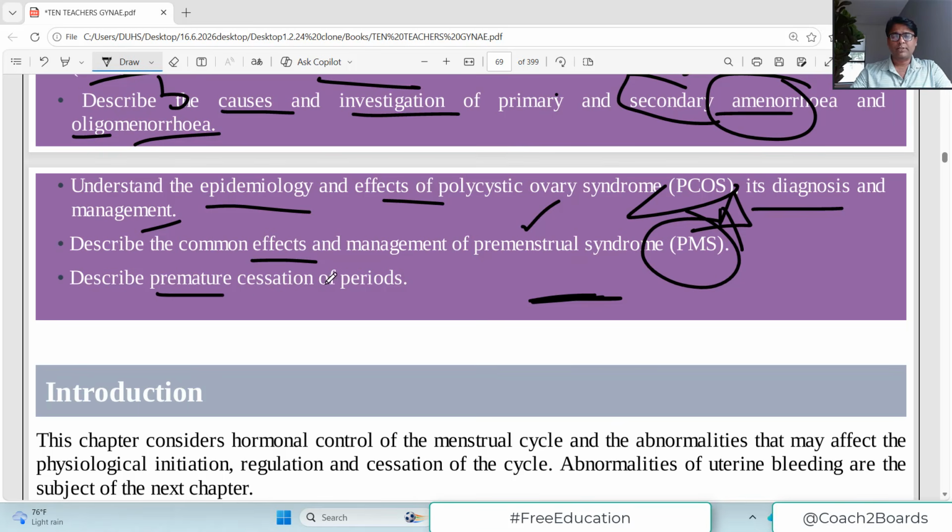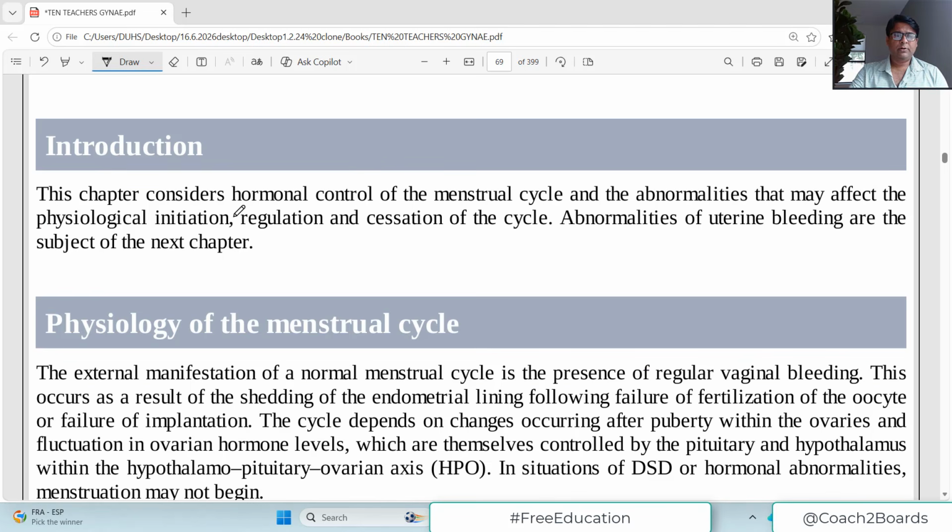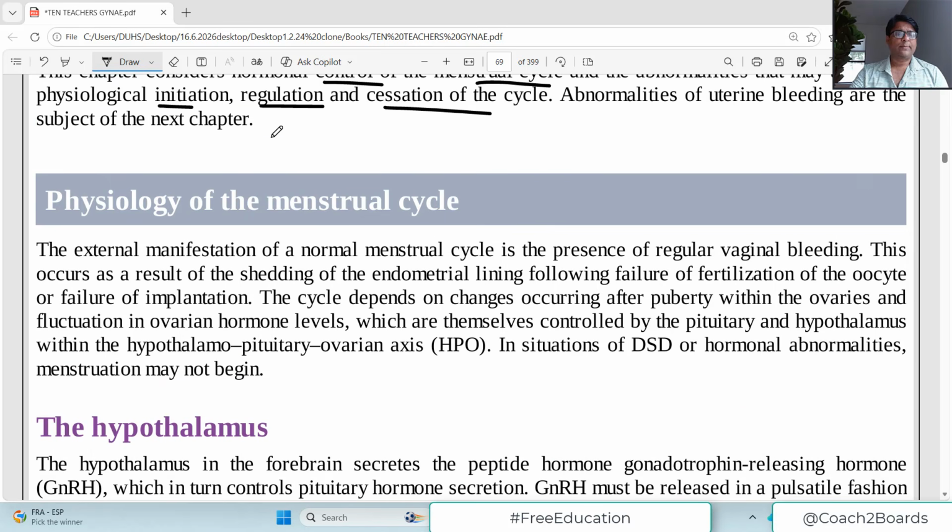Describe also the premature cessation of periods. यानी अगर एक menopause की age है उससे बहुत पहले अगर किसी वजह से periods बंद हो जाते हैं, so this is called premature cessation of periods. So why is this happening? Okay, so this chapter will consider hormonal control, normal hormonal control of the menstrual cycle, and also we'll talk about the abnormalities which are associated with the initiation, regulation, and cessation of the cycle. और सबसे पहली चीज जो हमें consider करनी है, that is the physiology of the menstrual cycle.